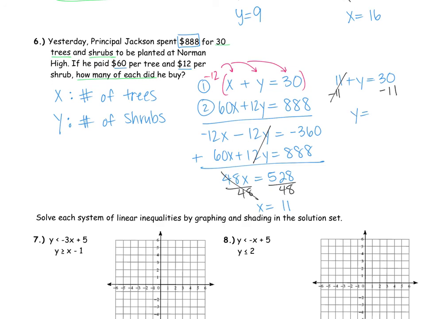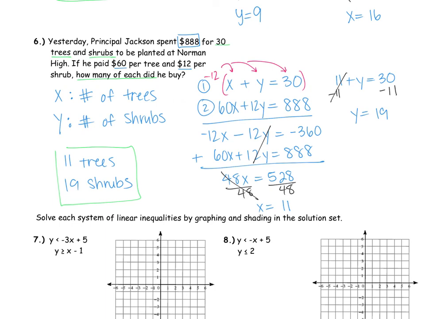And y is equal to 30 minus 11, which is 19. So that tells me that there are 11 trees and 19 shrubs. So Principal Jackson seemed to have bought 11 trees and 19 shrubs.